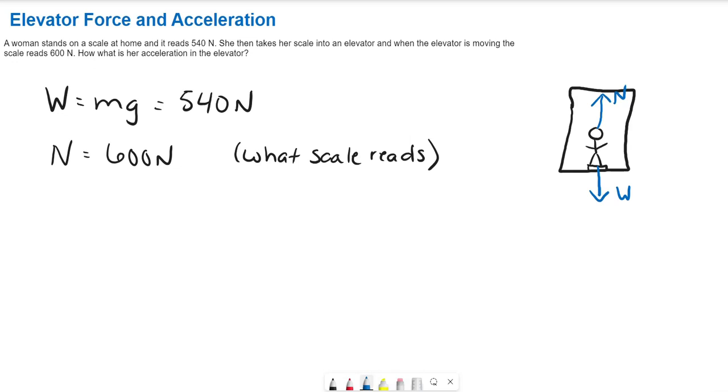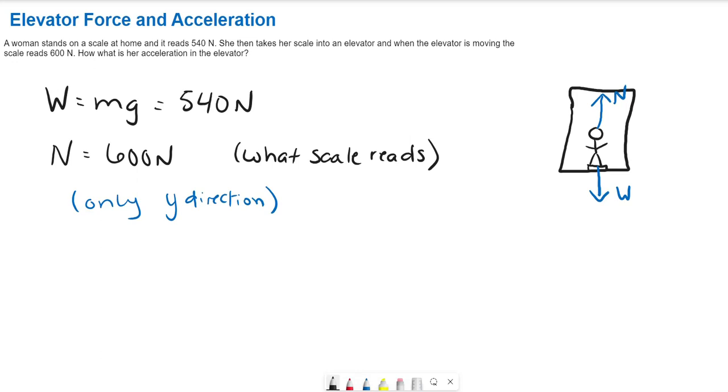Right, so just two forces, and in an elevator problem, you're just moving in the vertical direction. So everything that we're doing here is along the y direction. So we don't actually need to break anything up into components. We don't need to include any forces that would be in the x direction. There are none here, but we're only worried about the y direction.